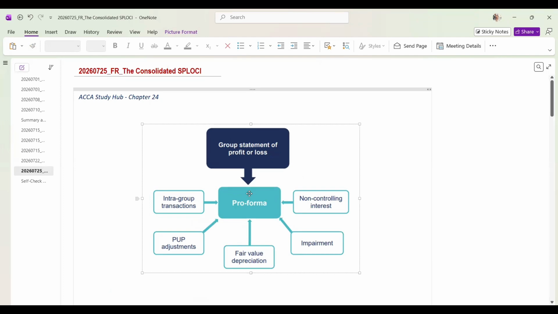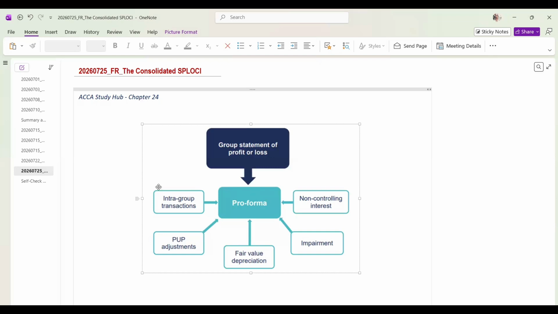The pro forma means just copy out the examiner's lines. There are some things which are introduced into those lines, very few. So copy the lines, and then there are problems you will meet.